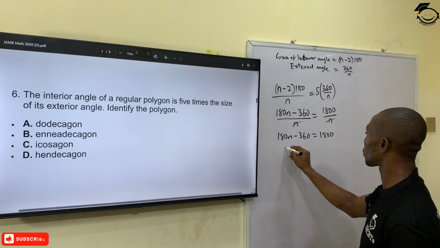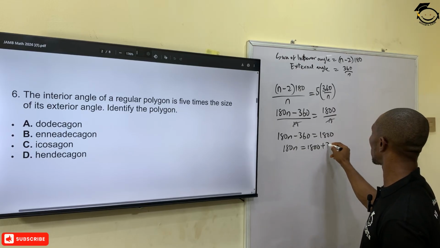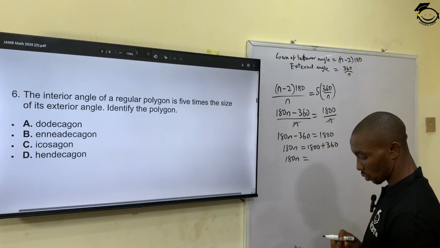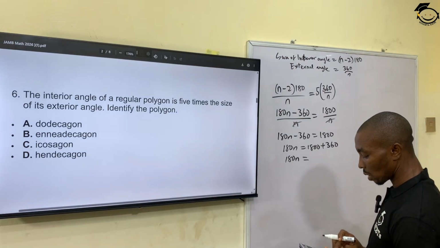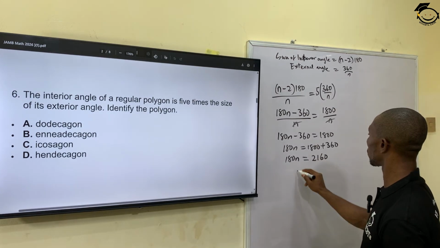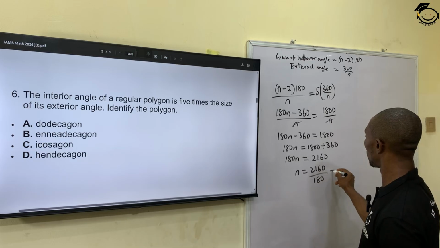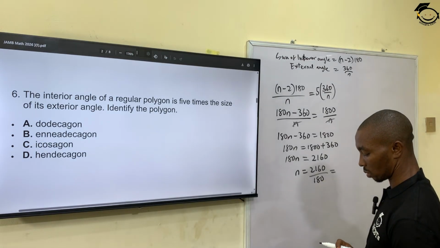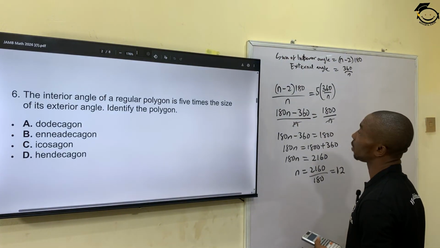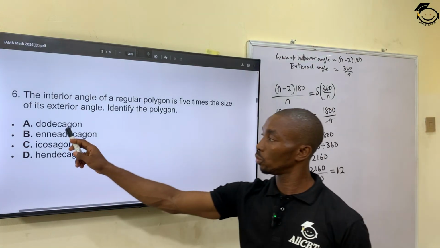Collecting like terms, 180n equals 1/8 plus 360. That will give us 2160. So our n equals 2160 divided by 180, which will give us 12. So our polygon is a 12-sided polygon, which is a dodecagon.